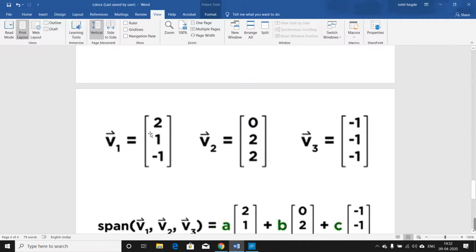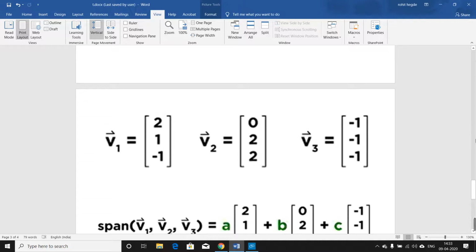If I define my subspace as all vectors x1, y1, z1 such that x1 times y1 times z1 should be greater than 0, then for this v1, x1 times y1 times z1 is not greater than 0. That's minus 2.